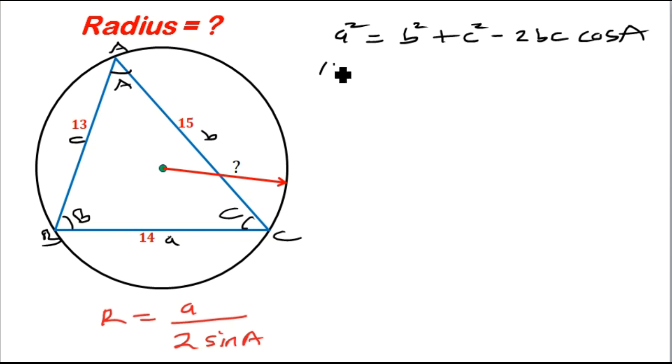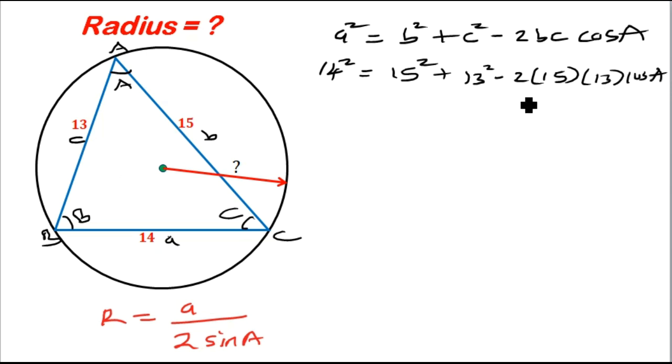So here we'll have 14 squared equals, the side b is 15, 15 squared plus the side c is 13 squared. Then it is minus 2 times the value of b, b is 15, then times the value of c, c is 13, then times cos A.